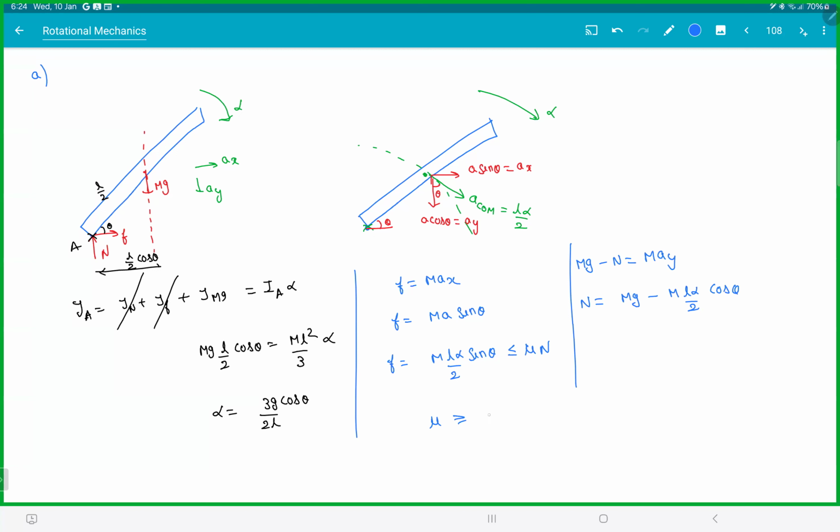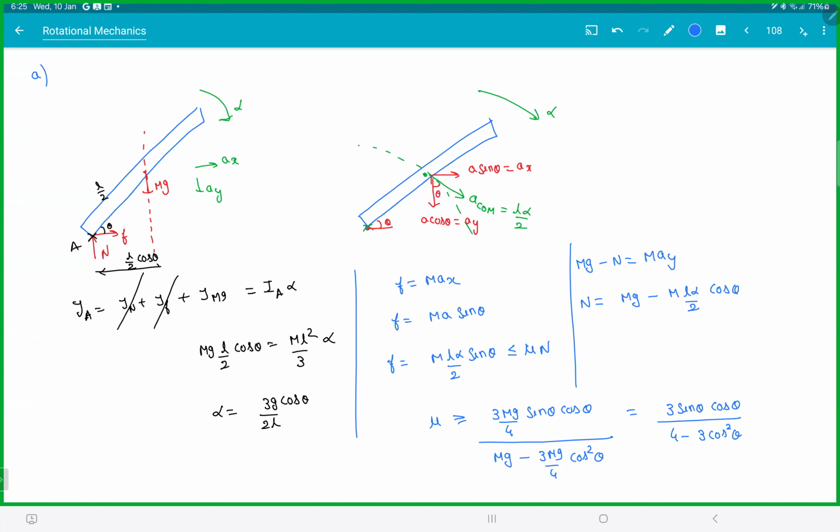L alpha, this guy would be 3 mg by 4 sine theta cos theta, by N would be mg minus 3 mg by 4 cos square theta. Doesn't look that great, but yeah. So that will be 3 sine theta cos theta by 4 minus 3 cos square theta. That is mu. Mu should be at least this much for it to not slip.